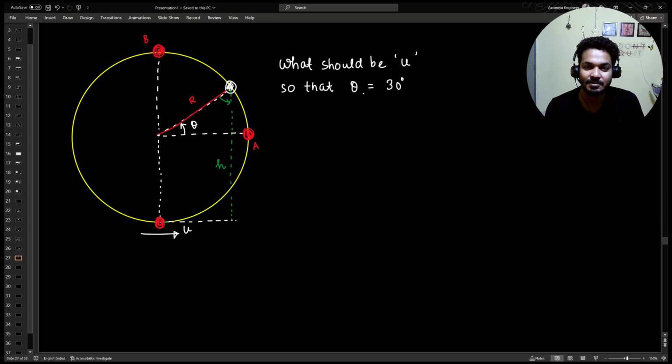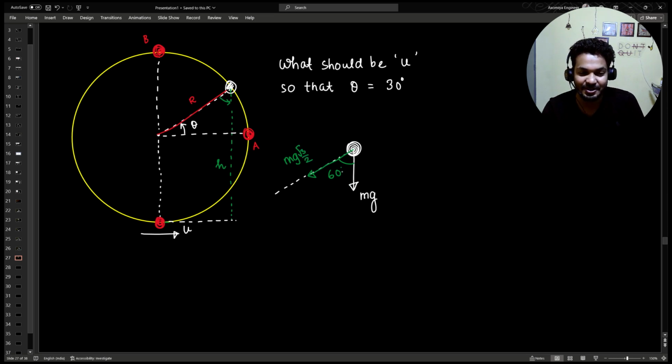Theta is 30 degrees. If this is 30 degrees, and I make the FBD for the body, then mg makes what angle with this? This is 60 degrees. Can you tell me what will be the component of mg in this direction? Well, mg root 3 by 2.